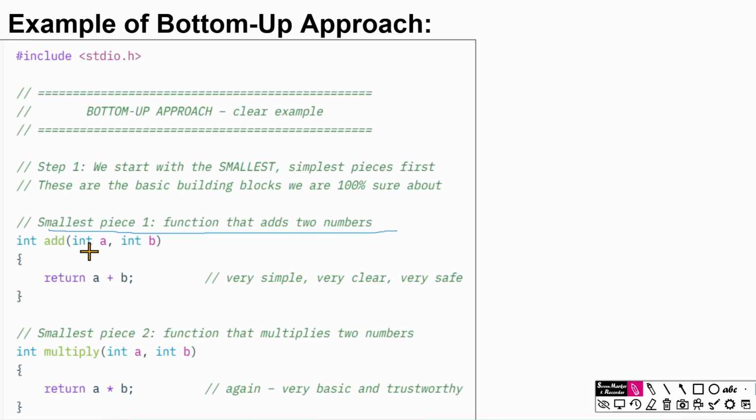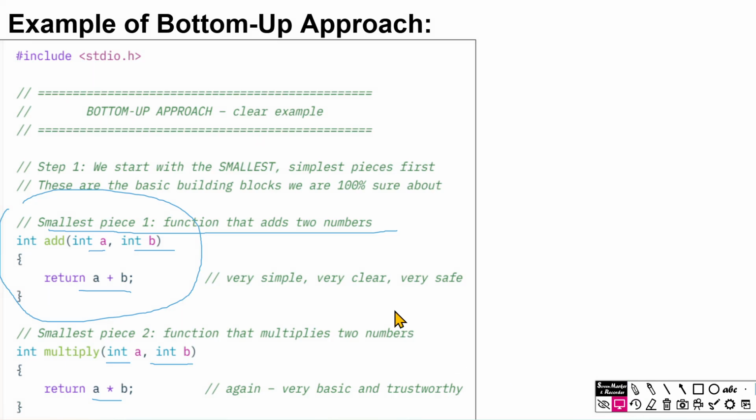It will take inputs A and B and add A plus B. So this is a subprogram whose output is the addition. Similarly, we will have another subprogram which multiplies A and B. It takes A and B, multiplies them, and gives the output as the multiplication. So this is another subprogram. We don't know what we will try to do in future, but we write these subprograms early.